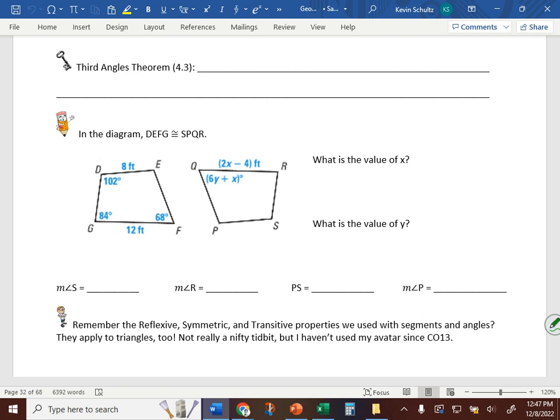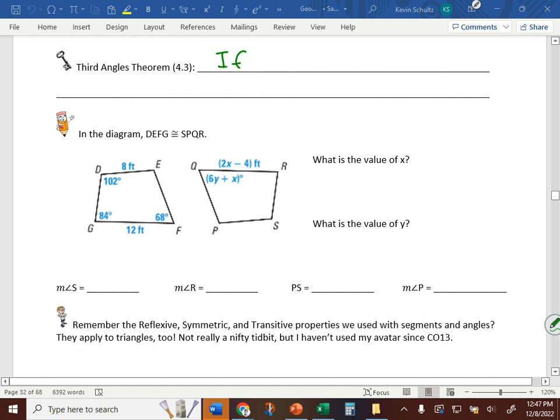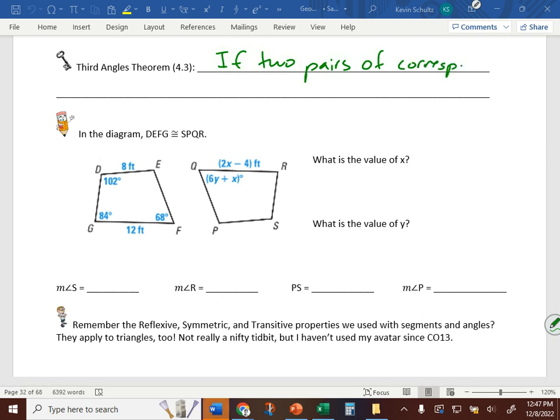You should not have done that because we are not going away from the postulates and the theorems. The third angles theorem says that if two pairs of corresponding angles in two triangles are congruent, okay?